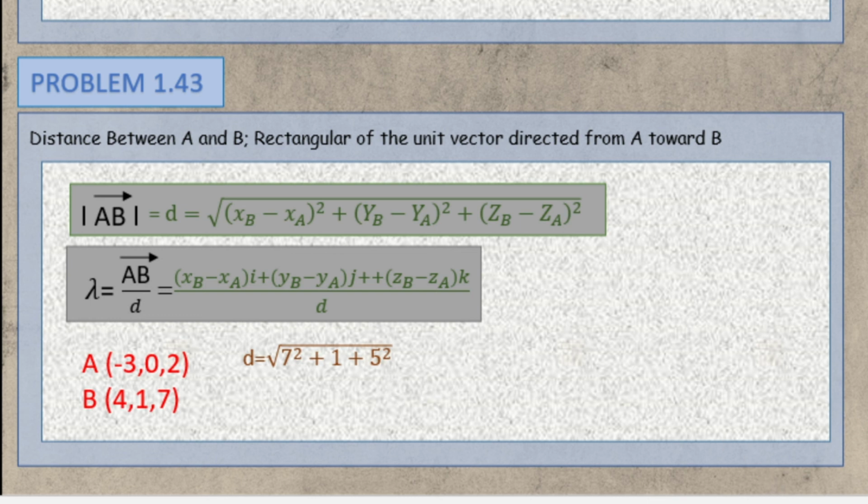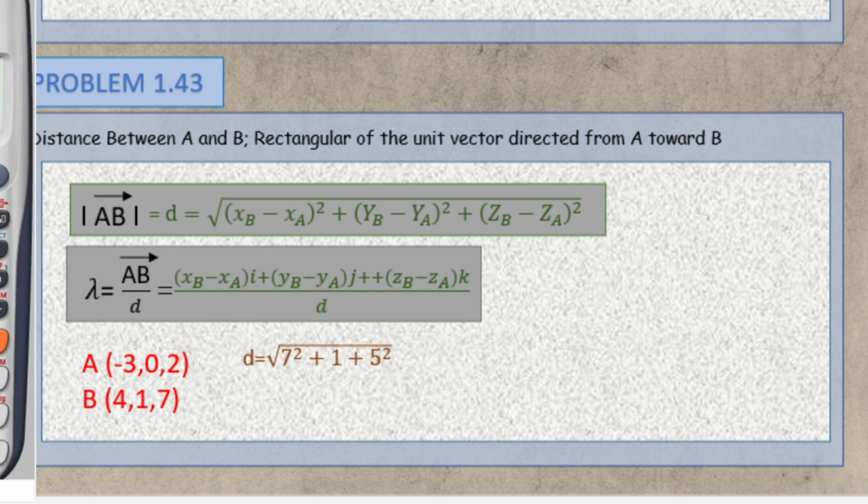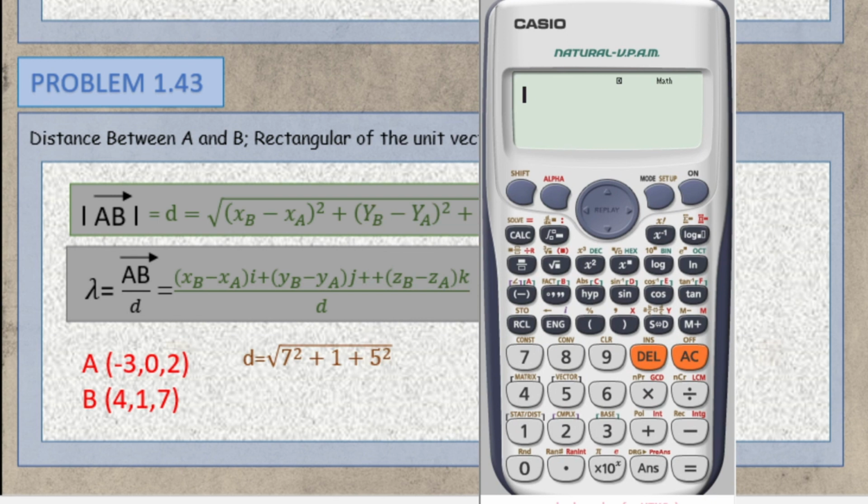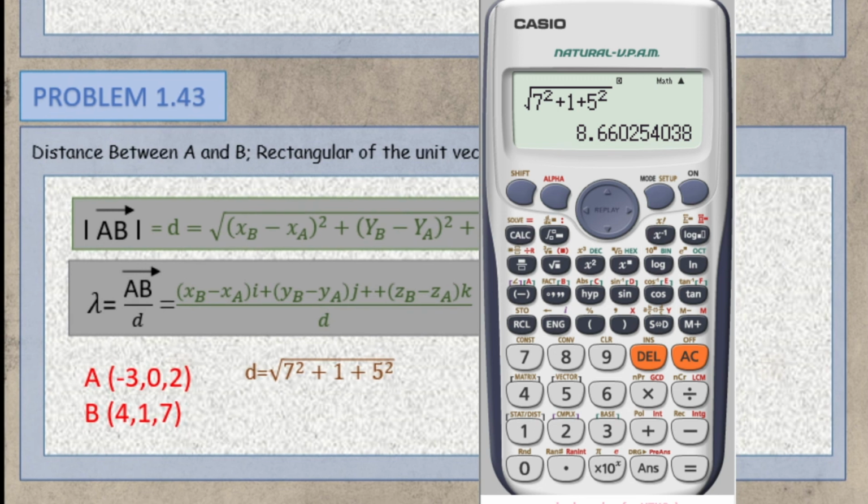Using our calculator, it will be the square root of 7 squared plus 1 plus 5 squared. I'm not going to show you squaring the 1 because it's considered as 1. So it is 8.66 meters.